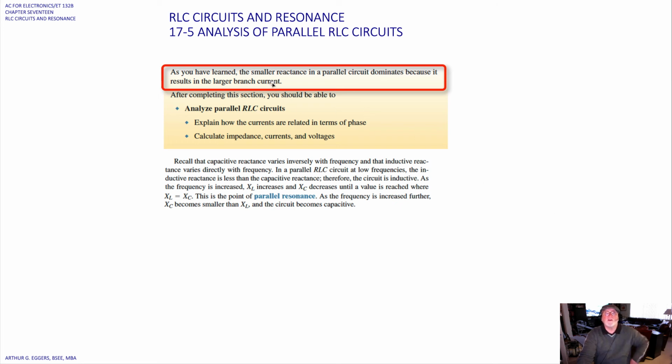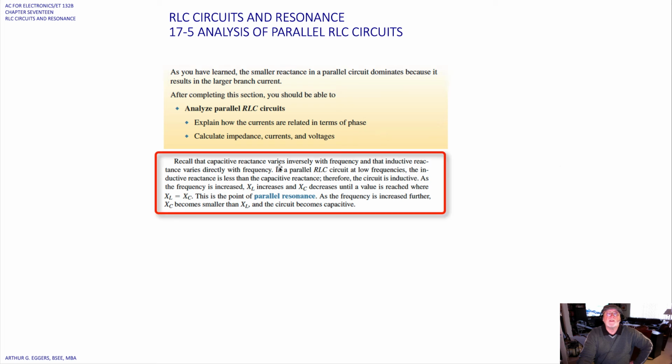So as you've learned, the smaller resistance in a parallel circuit will dominate because it results in a larger branch current. Recall that capacitive reactance varies inversely with frequency, and inductive reactance varies directly with frequency. That's just the math. We've seen that before. In a parallel RLC circuit at low frequencies, the inductive reactance is less than the capacitive reactance.